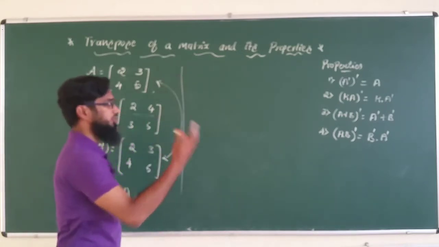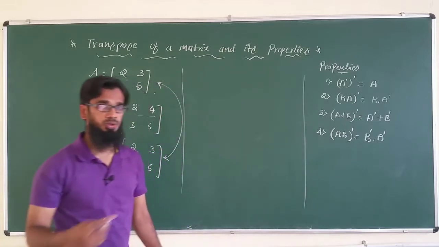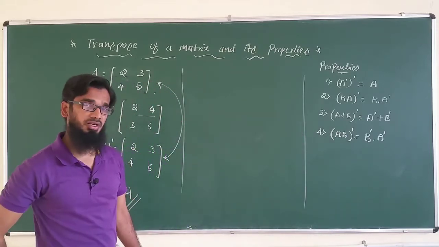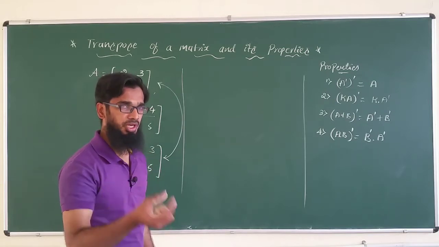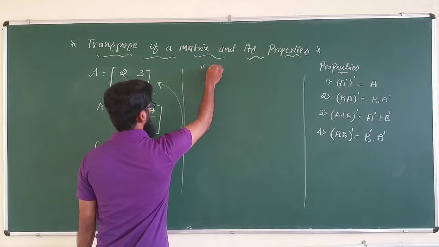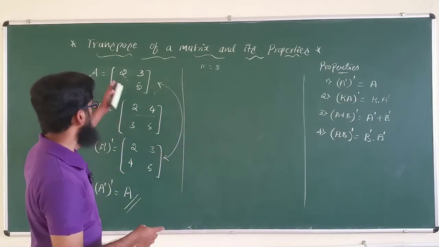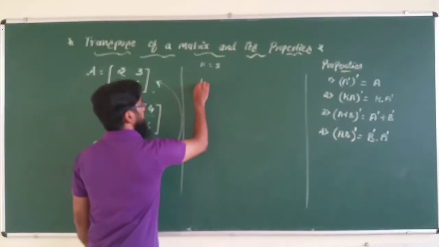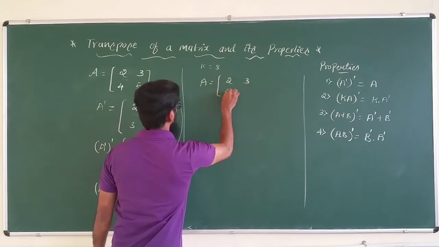Now let us move on to the second important property, that is (KA) whole transpose is equal to K A transpose, where K is any number, a constant. For example, if I take K is equal to 3 or any number. Now I'll take the same matrix here, A is equal to 2, 3, 4, 5.